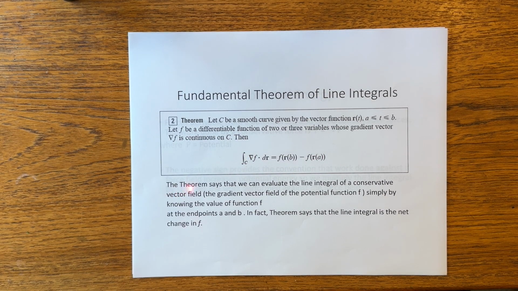Essentially the theorem says that we can evaluate the line integral of a conservative vector field, the gradient vector field of a potential function f, simply by the value of the function at the endpoints A and B. In fact, the theorem says that the line integral is the net change in the function. So that's what this theorem is saying, and we're going to use that concept in the next slide.